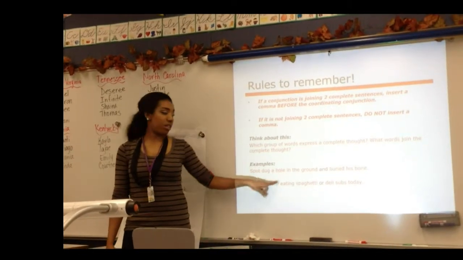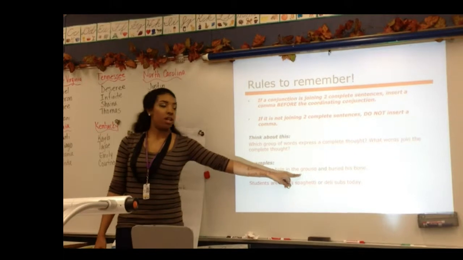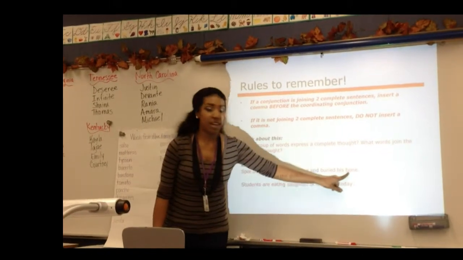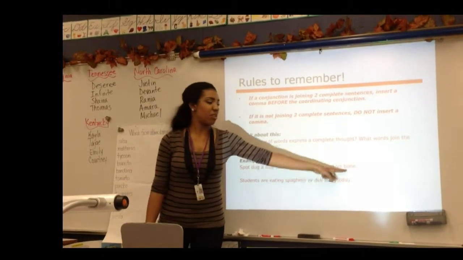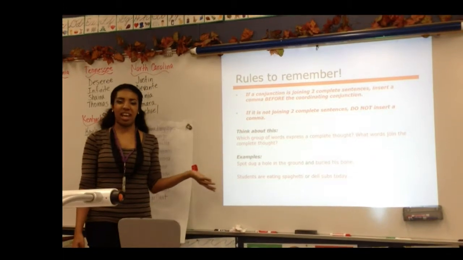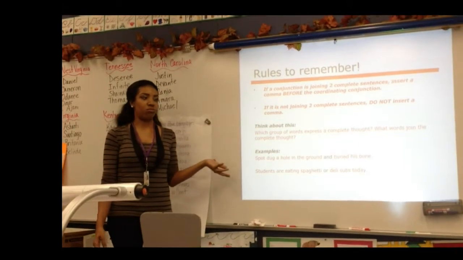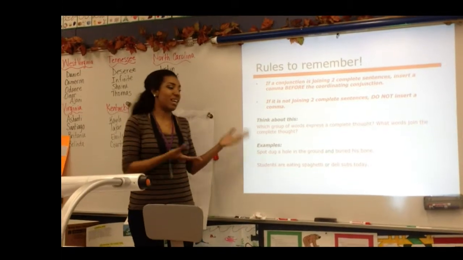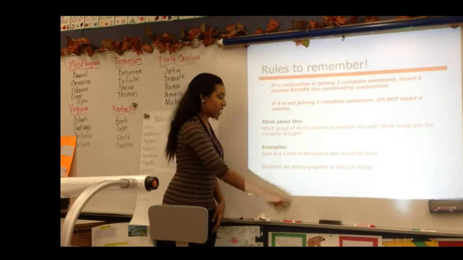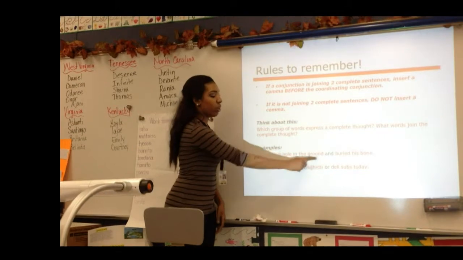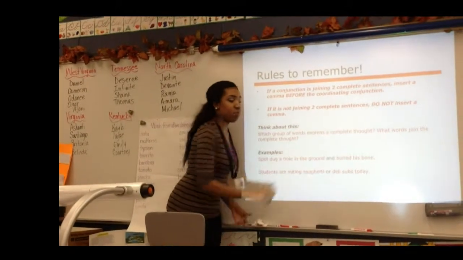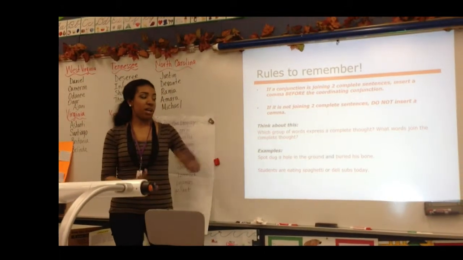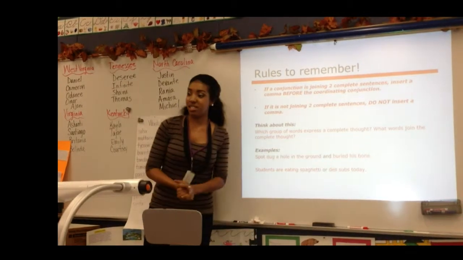Is there a subject and a predicate in that sentence? Yes. But let's look over here on this side of the conjunction. Buried his bone. Is there a subject and predicate in that? No. It shows that someone is burying their bone, but it doesn't tell who. You would have to say, Spot dug a hole in the ground. Spot buried his bone. And I don't see Spot on that side of the sentence.